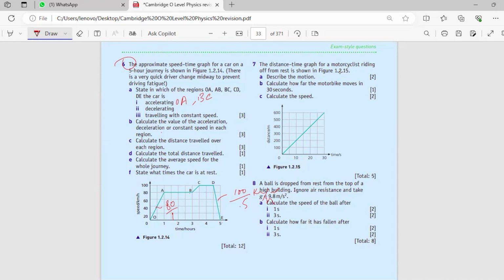Total distance traveled. We will find out the distance traveled over there. Area of triangle: 1 over 2 into 1 into 80, plus the area of this rectangle, that is 80 into 2, plus the area of this trapezium.